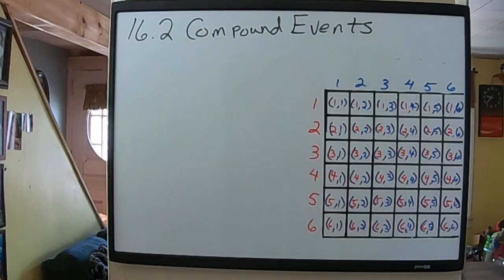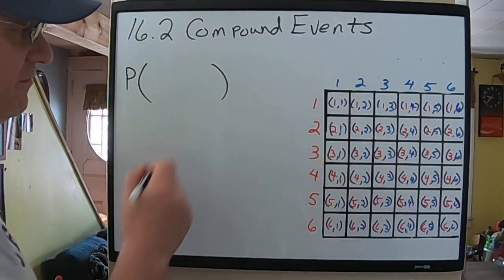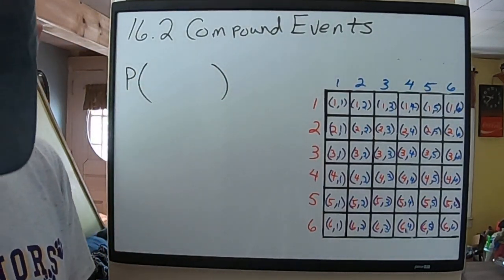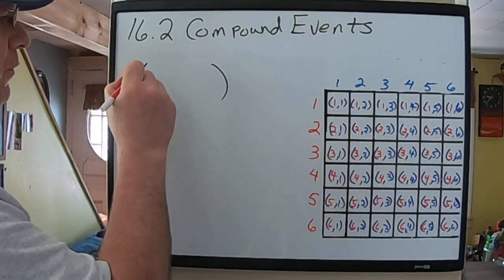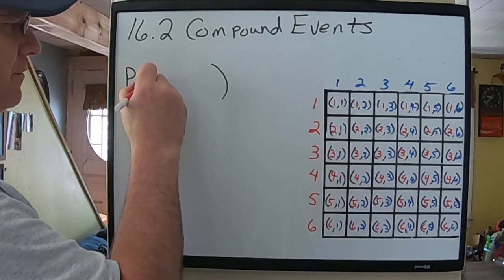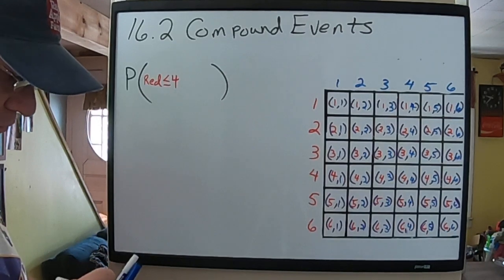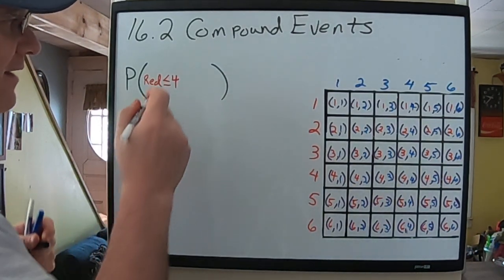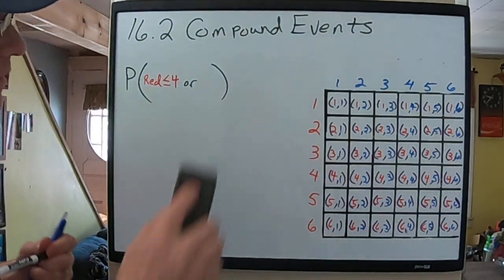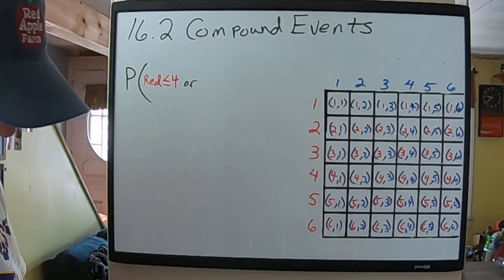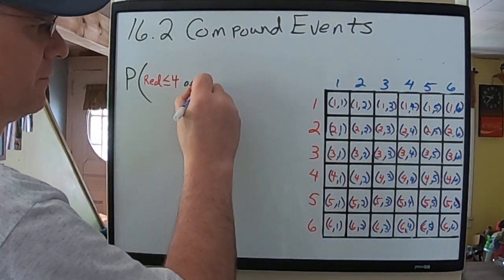All right, probability of red less than or equal to 4, or, I might have to add room here. Yeah, I definitely will. The blue being greater than or equal to 5.